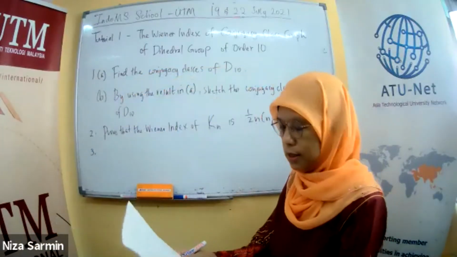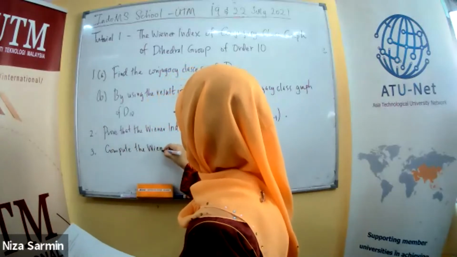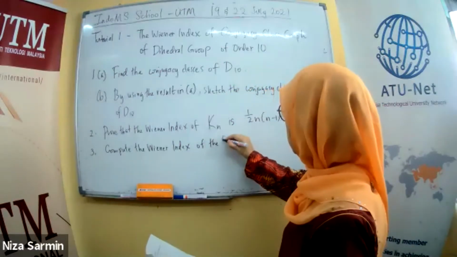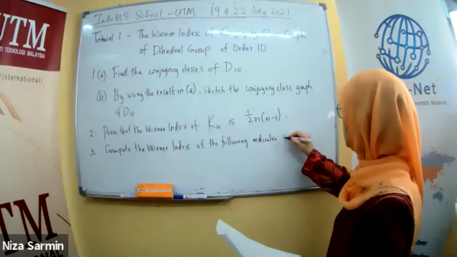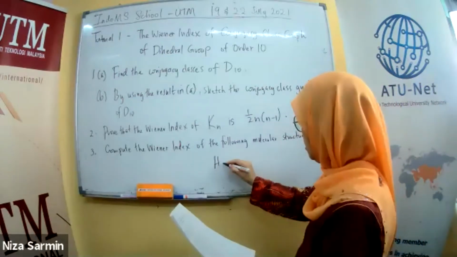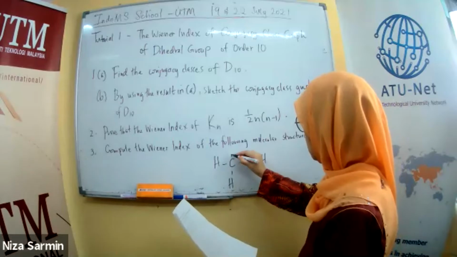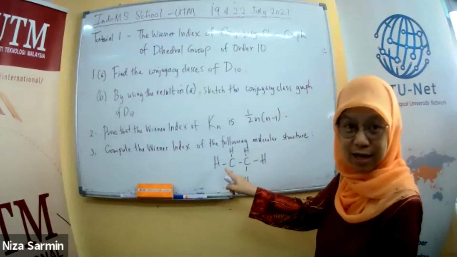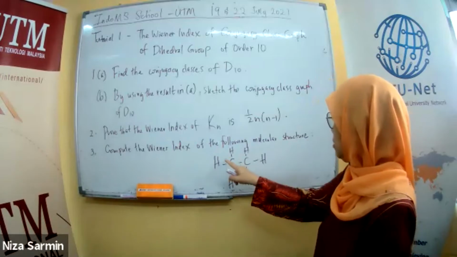The third one is to compute the Wiener index of the following molecular structure. Each C has to be connected to 4 atoms. So C to C, and then we have this.